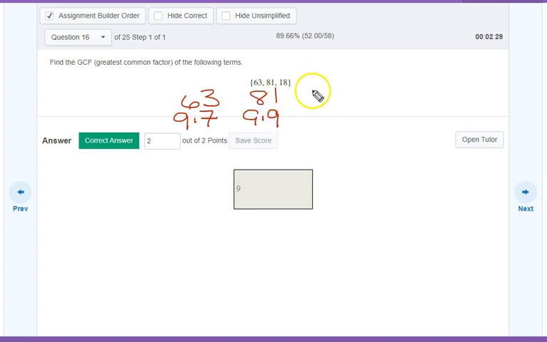And 18 is 2 times 9. Now there are other ways to do this. So what's your common factor? Well, 9. Greatest common factor. Someone would say we could take a 3 out of each one too, but that wouldn't be the greatest. I'd give you some credit for that, but again, get full credit.